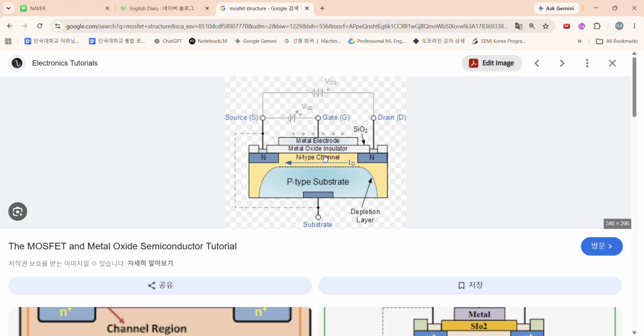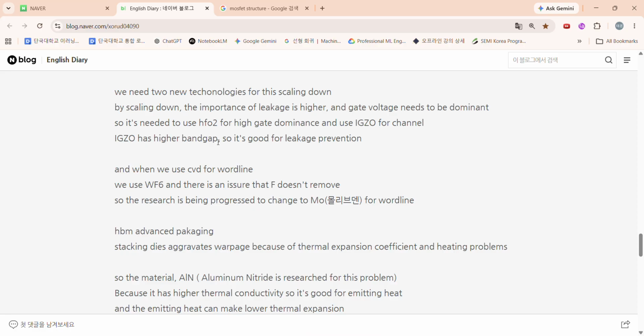I don't handle the problem in this presentation. Usually the insulator is silicon dioxide, but we need to use hafnium oxide instead of silicon dioxide, because hafnium oxide has higher relative permittivity. And we need to use IGZO.